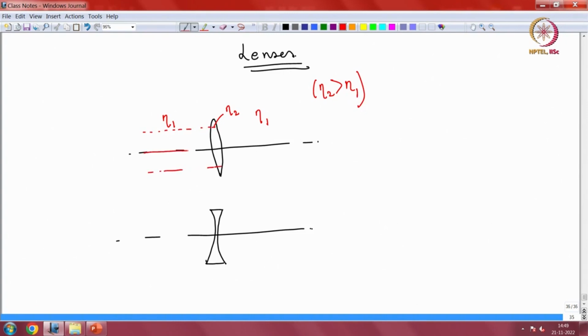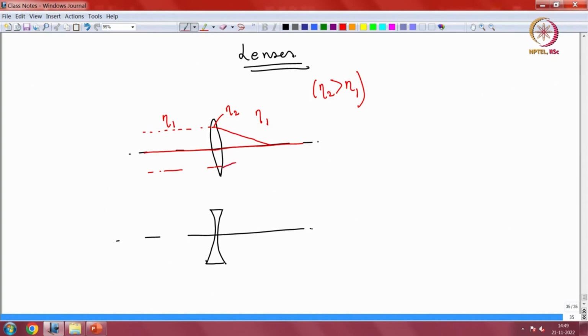Let's say we have three parallel rays that have traveled to my thin converging lens. Then the light that is passing through the optical axis just passes unchanged, whereas the light at the top is bent so that it travels towards the center.